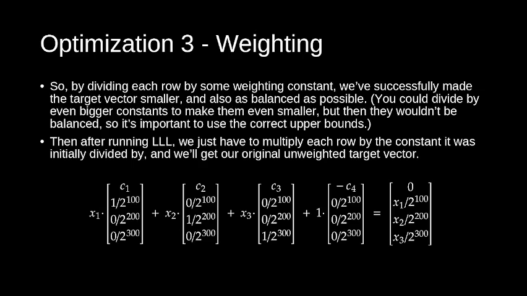Then after running LLL, we just have to multiply each row by the constant it was initially divided by, and we'll get our original unweighted target vector. So this first row you can think of as just divided by 1. That doesn't change it at all.